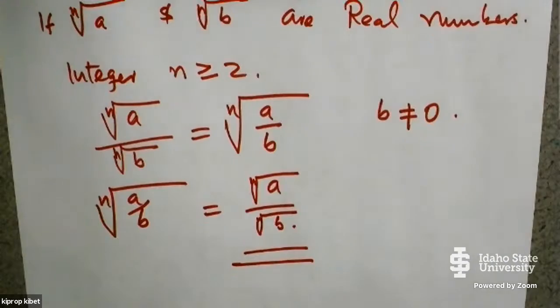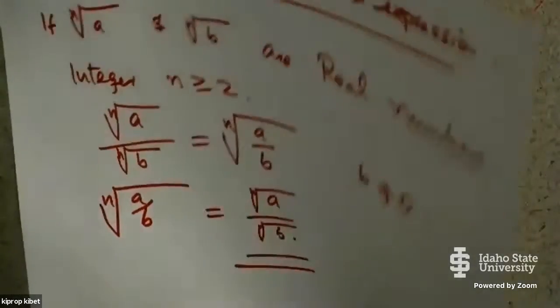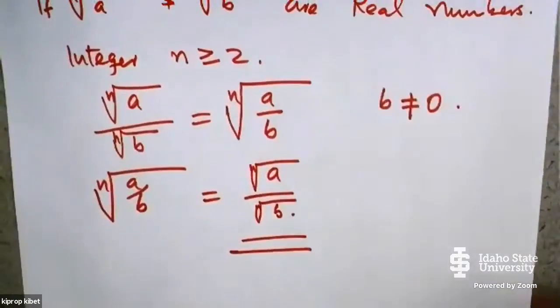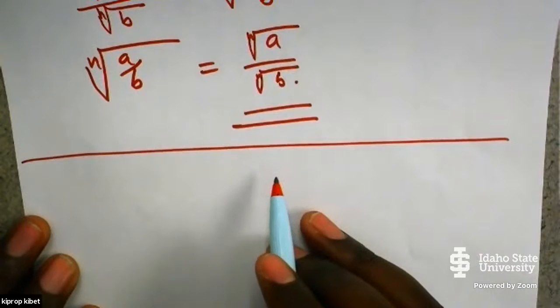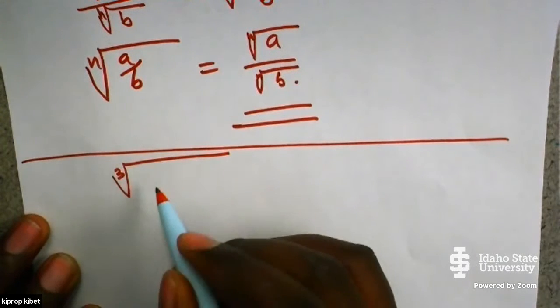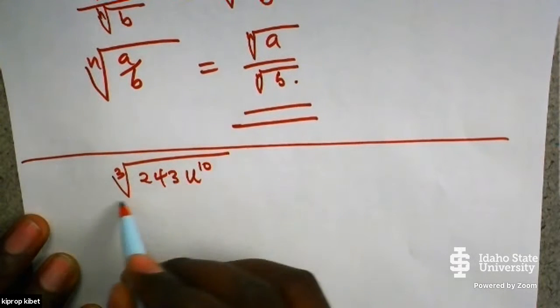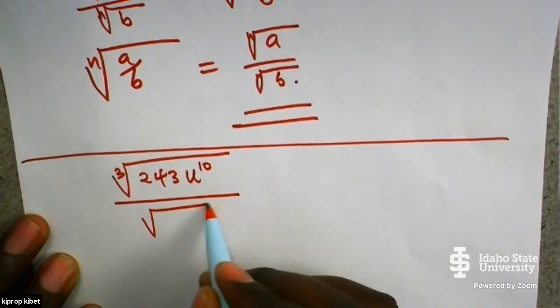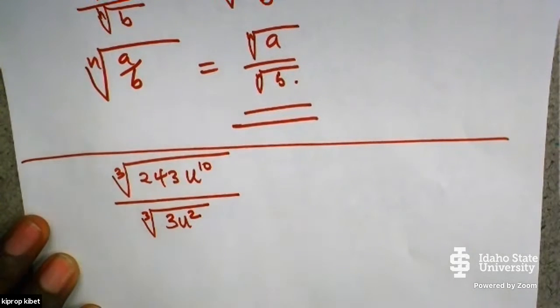Okay. Example number 1. The cube root of 243 u raised to 10 all over the cube root of 3u squared.